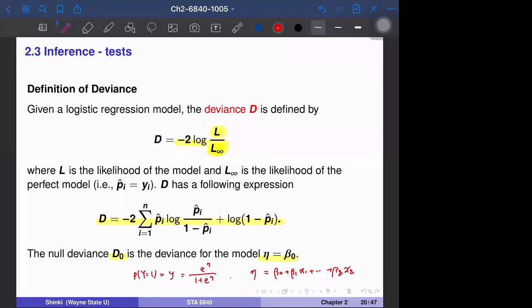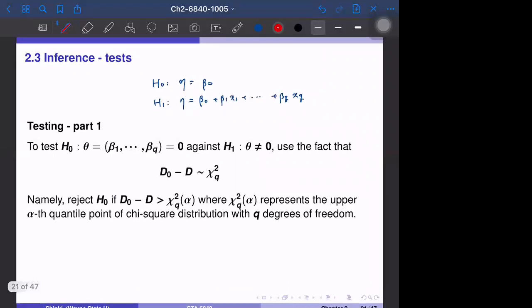Okay, so with this notation, we can construct a test, to test H0 against H1. Here we compare the baseline, so just nothing, eta equal to a constant, against this alternative, which is the usual logistic regression. We want to see if logistic regression is at least meaningful compared to no information.